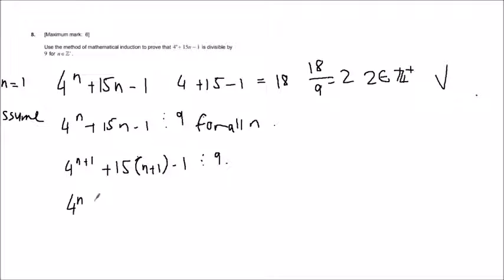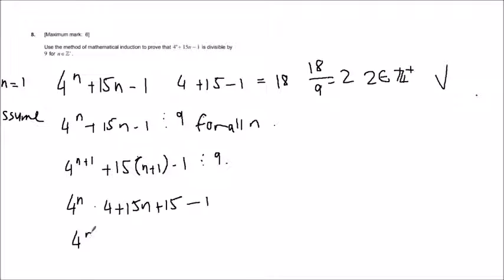This is 4 to the n times 4, and then this is equal to plus 15n plus 15 minus 1. So this is gonna give us 4 to the n times 4 plus 15n plus 14. Actually, I have an idea.